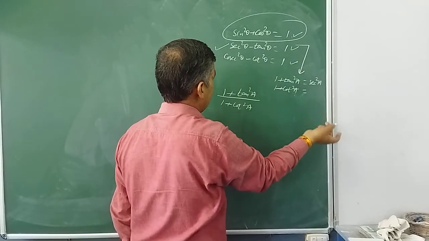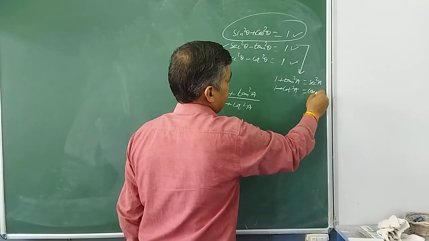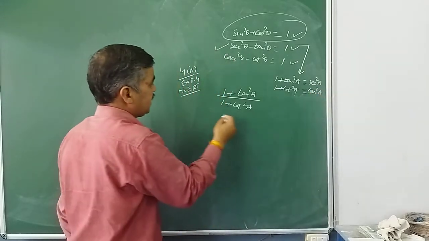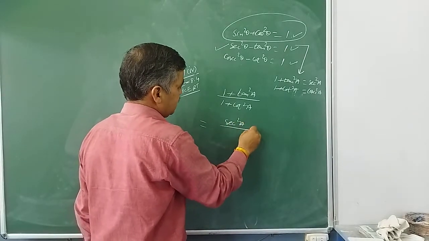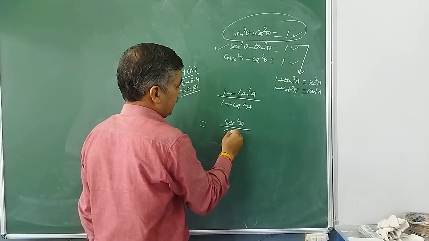And then this will be cosec square A. So directly I can write this is secant square A and this is cosec square A.